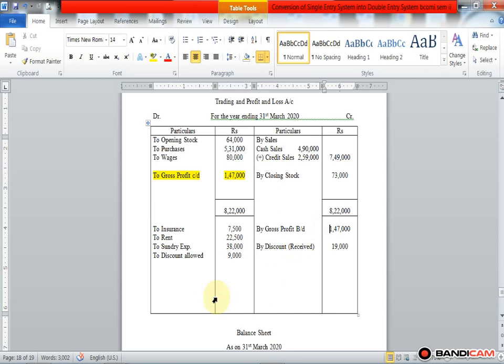So make the total of the profit and loss account.